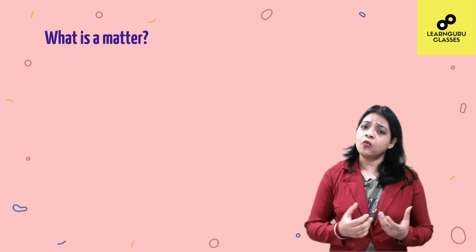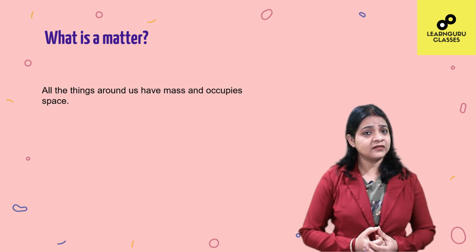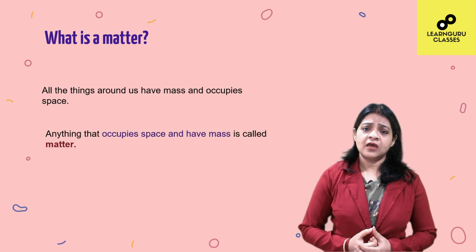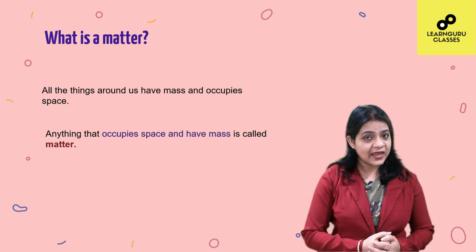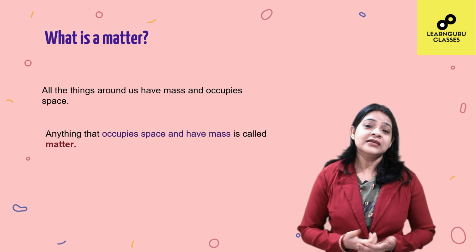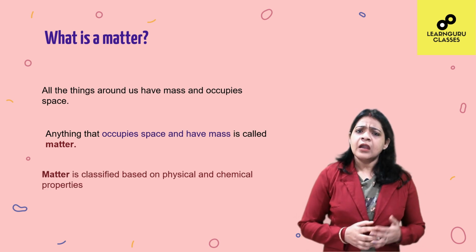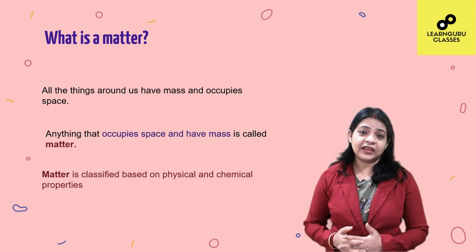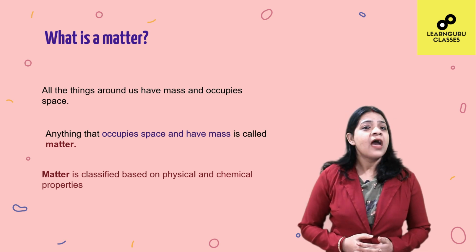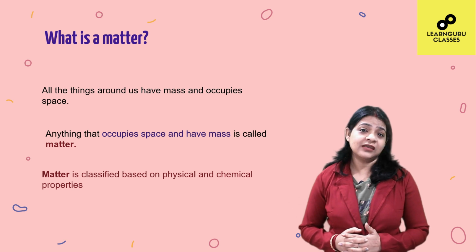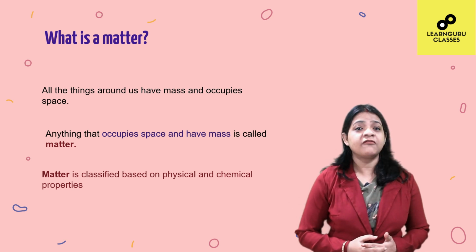Water also has certain mass and occupies space. So any object in the universe that occupies space and has mass is termed as matter. Now, matter has certain physical as well as chemical attributes, and we are going to study physical properties of matter.